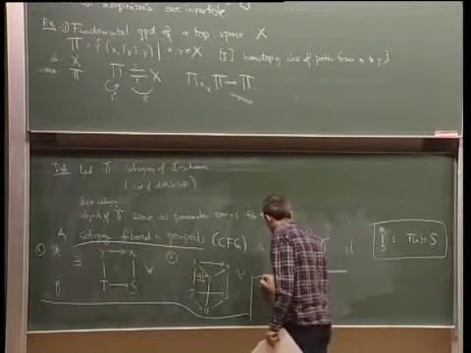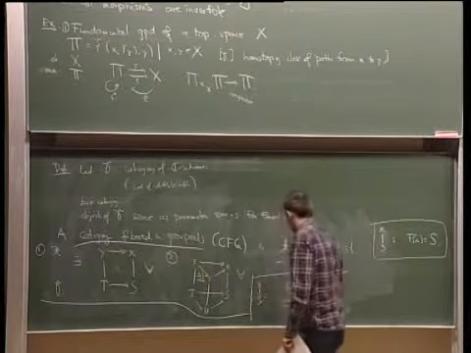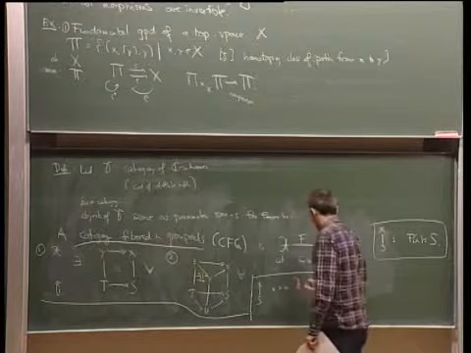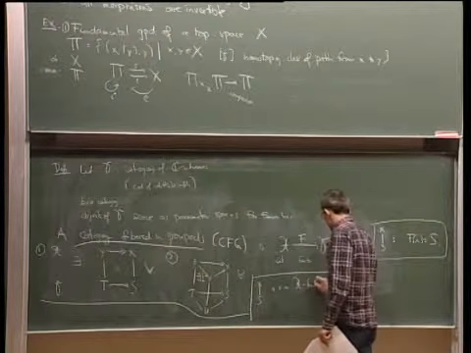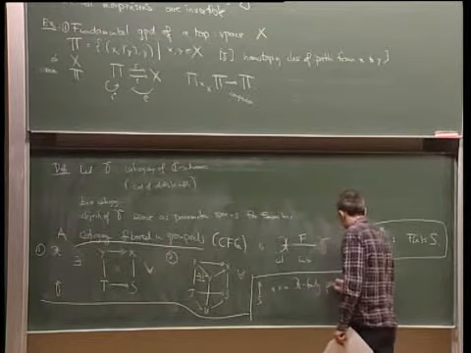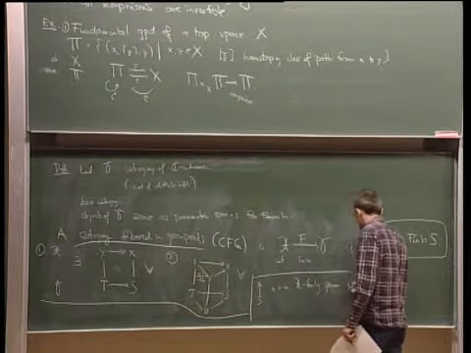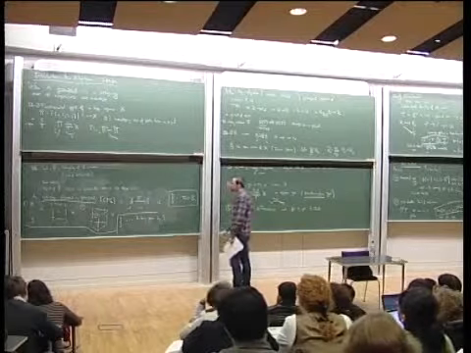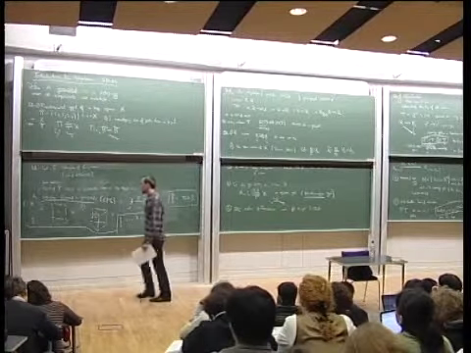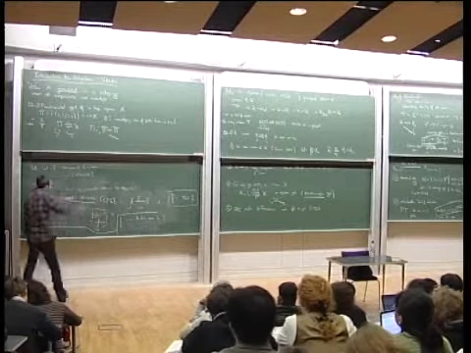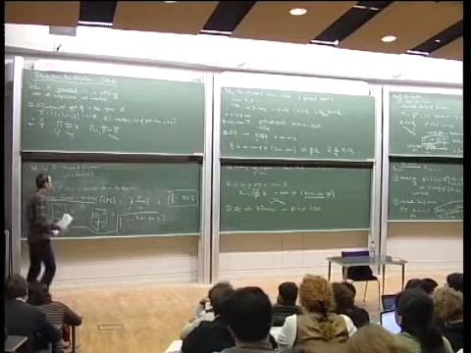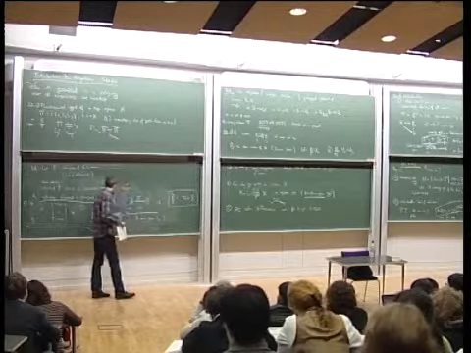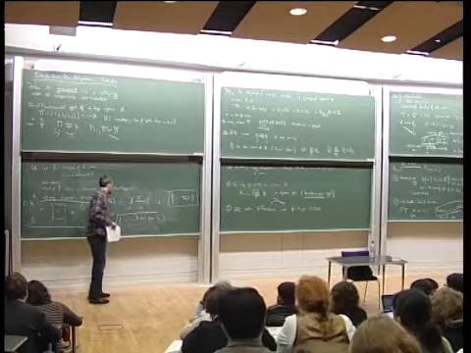So if x sits over S, I will say that x is an X family parameterized by S. This is supposed to formalize general language to talk about families. Whenever I have an object sitting over an object there, I say that this is a family parameterized by that thing down there.